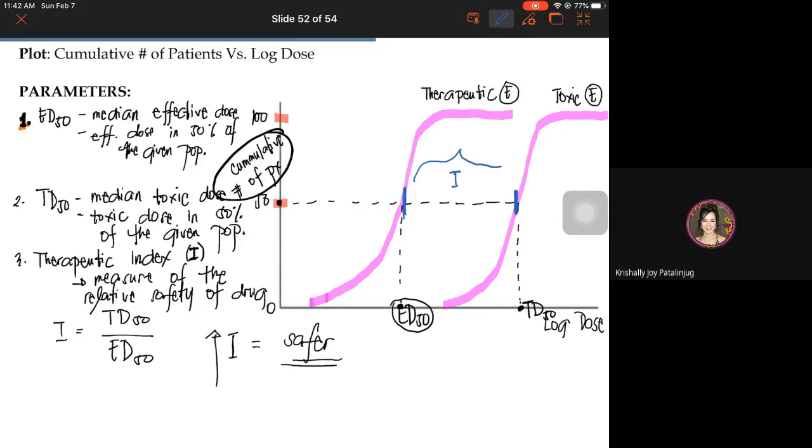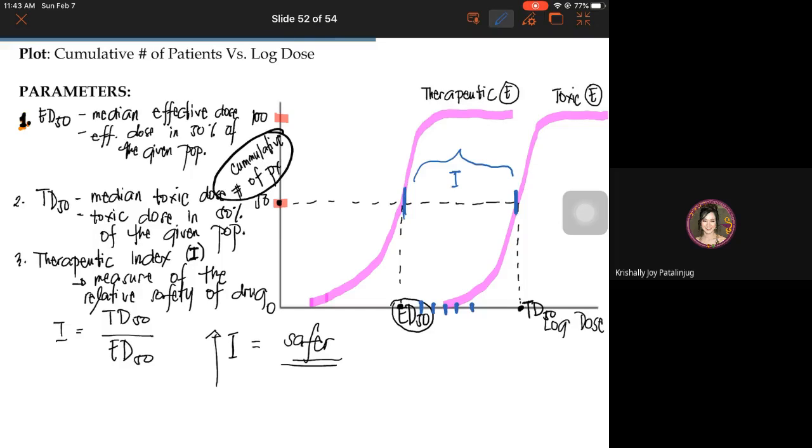Itong part na 'yan. So kung sobrang laki ng therapeutic index, that would mean safer yung drug. Kasi kahit may slight changes or bigger changes sa dose ng drug, within therapeutic effect pa rin yung observable responses.